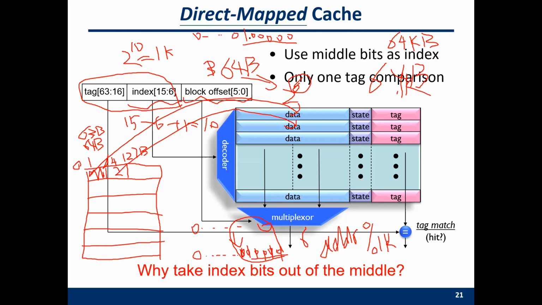So I use all these parts to do the mod. The result is 1, so I store the data here in the second block. So I only use these bits to serve as the index.